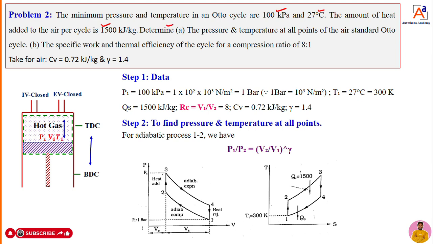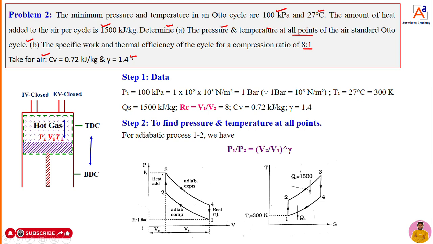Determine first the pressure and temperature at all points of the air standard Otto cycle. Second, the specific work and thermal efficiency of the cycle for a compression ratio of 8:1. Take for air Cv equal to 0.72 kilojoules per kg and gamma equal to 1.4.